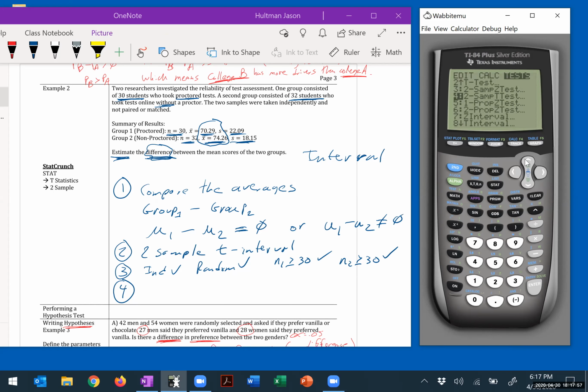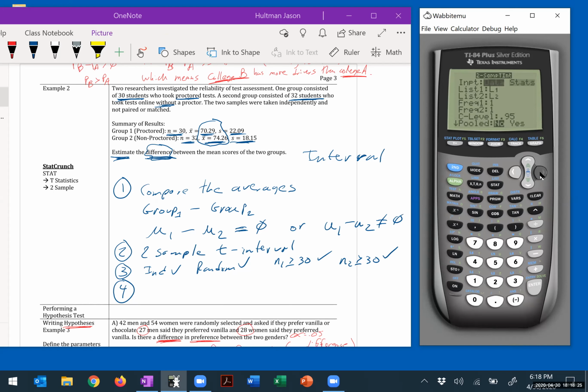Where's the two sample t? Oh, it's number 4. No, I don't want a test, I want an interval. It's 0 on the calculator. Two sample t interval is what I want, and I gotta make sure that I'm getting the right one.